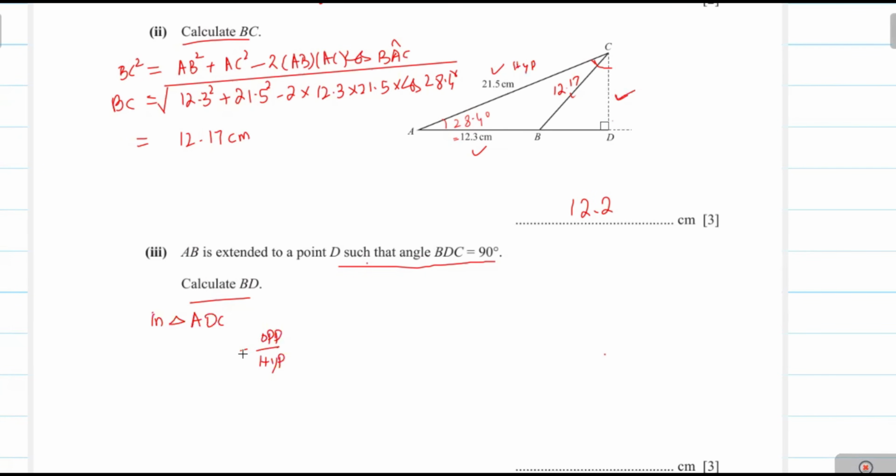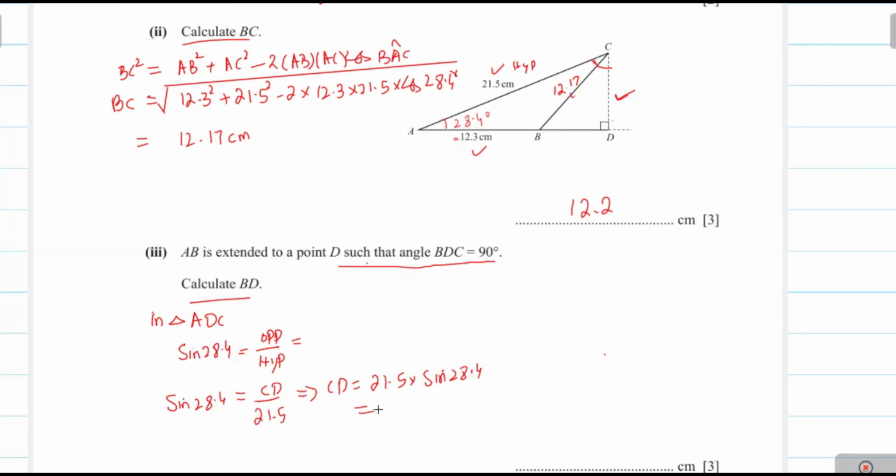This will be equal to sine theta, and here is 28.4, sine 28.4 equal to opposite side here is CD, and hypotenuse is 21.5. Now we can write it as CD equal to 21.5 multiplied by sine 28.4.